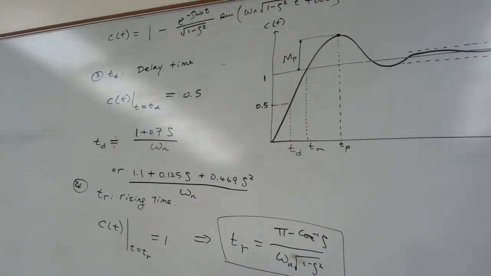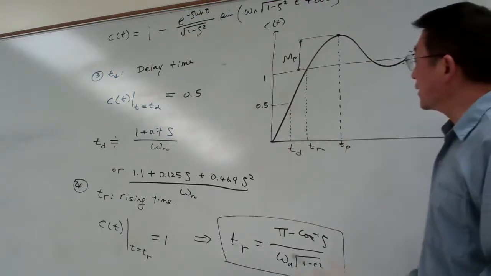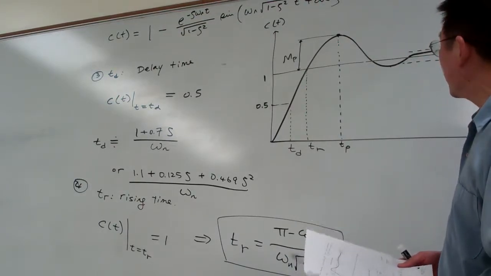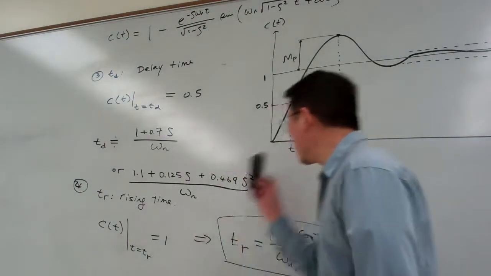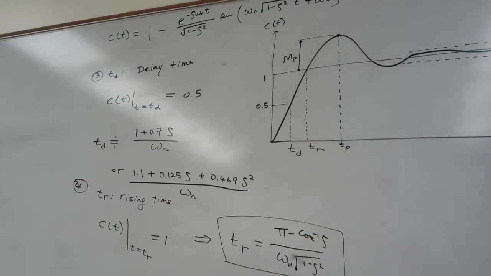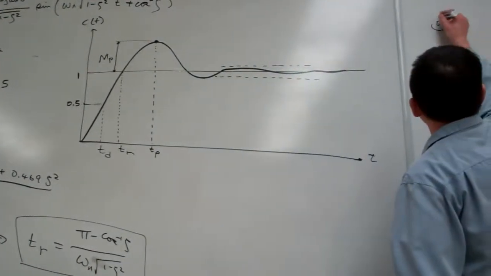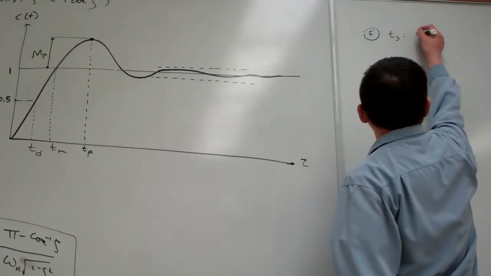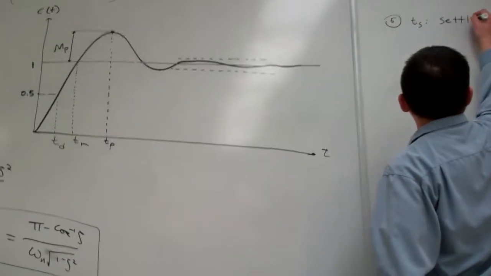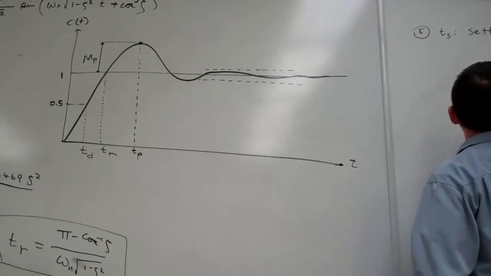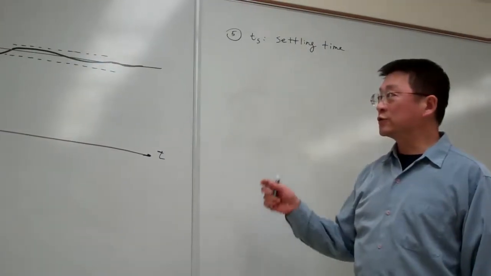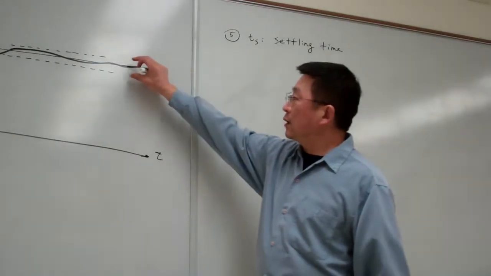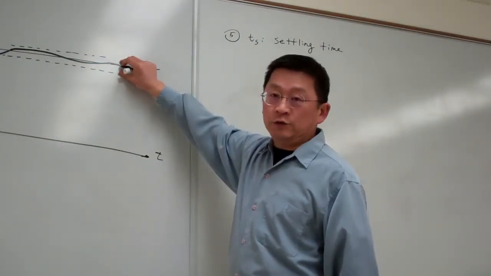So right now we have 1, 2, 3, 4, right? And 5. The last one we call the settling time. Let me write it down here and label it on the graph. The settling time is the time for the system to reach within a range.